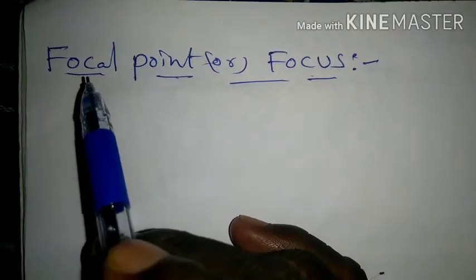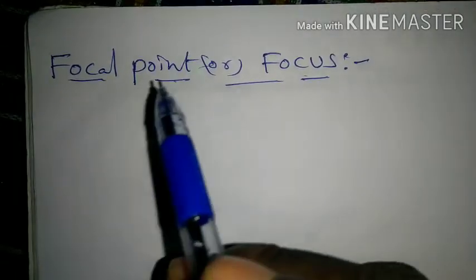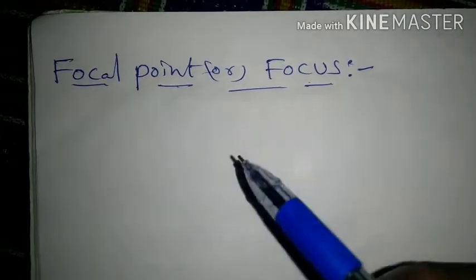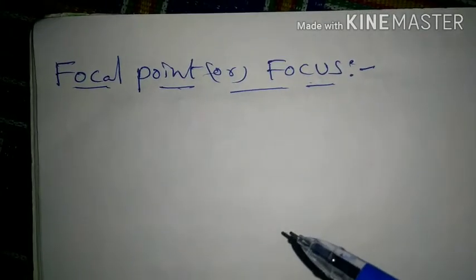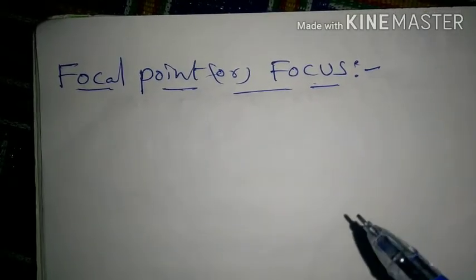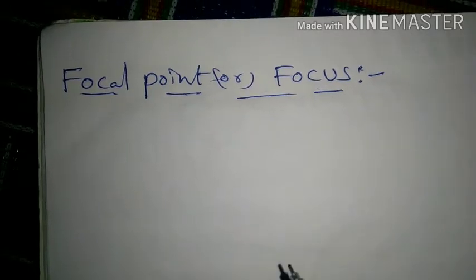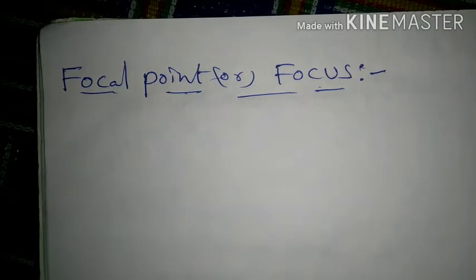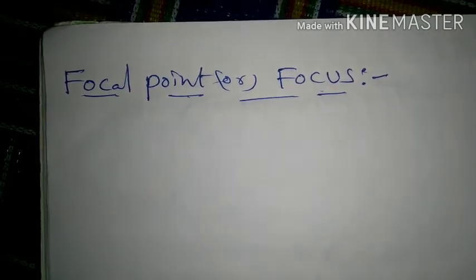Define focal point or focus. A parallel beam of light incident on a lens converges to a point or seems to emanate from a point on the principal axis.